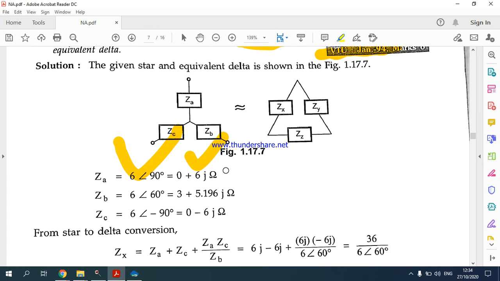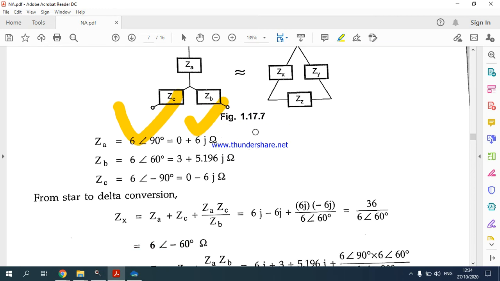You use tan inverse of y by x to get the angle part, and root of x square plus y square to get the magnitude. Or instead, you can use a simple scientific calculator to convert rectangular form into polar form. Using our scientific calculator, I got this result.